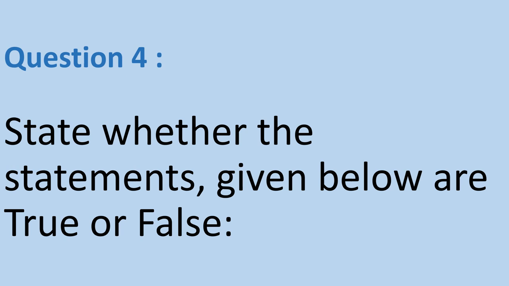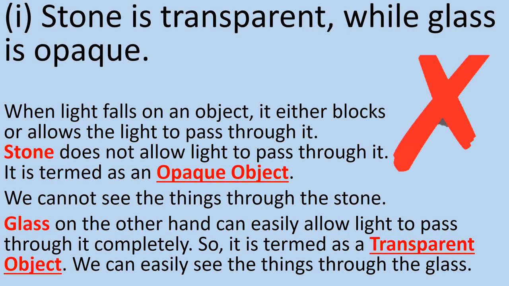Question number 4. State whether the statements given below are true or false. Number 1. Stone is transparent while glass is opaque.